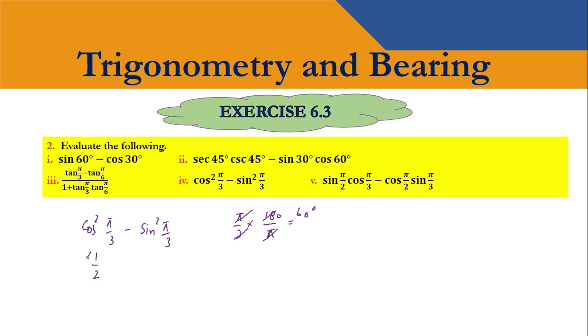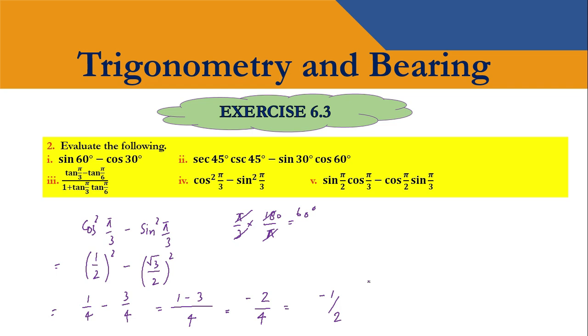Because it is the square of cos, we will take the square of this value, minus sine 60, which is under root 3 divided by 2. Take the square of this value because here sine is already squared. So by solving this expression, 1 over 4 minus 3 over 4, and now taking the LCM, 4, 1 minus 3, the answer will be minus 2 divided by 4, and canceling, minus 1 by 2.